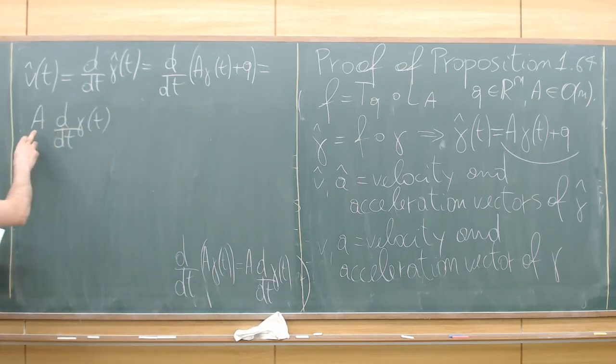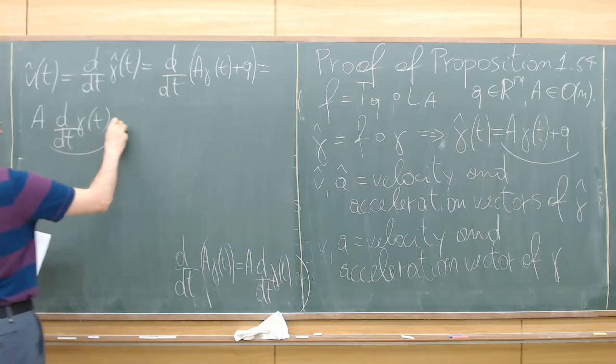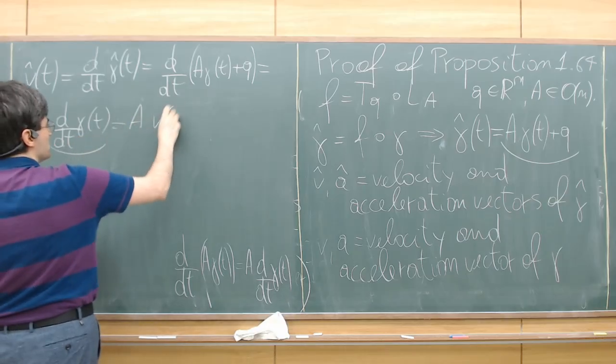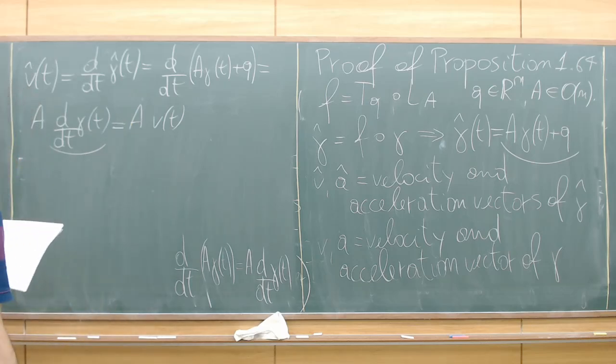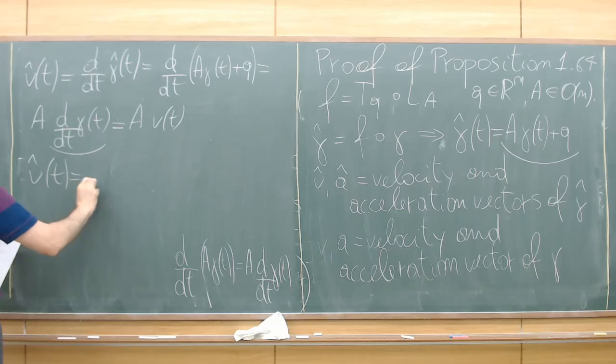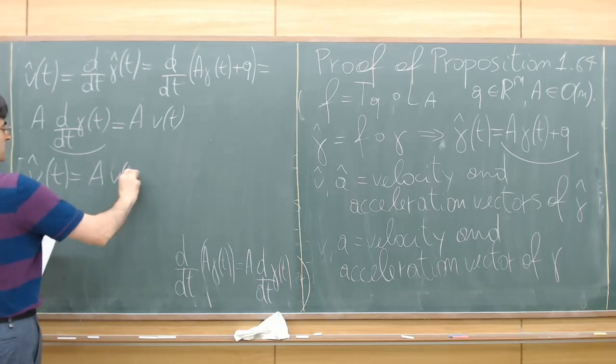So we got A d/dt gamma of t, but this is v, so this is A v of t. So we proved that v hat of t is A multiplied by v of t.